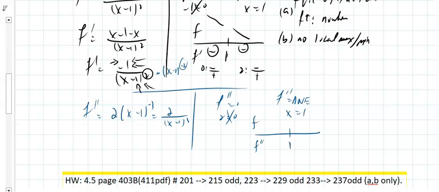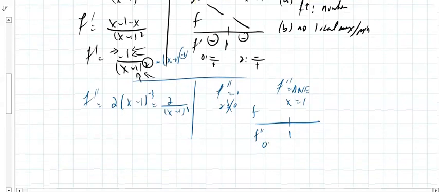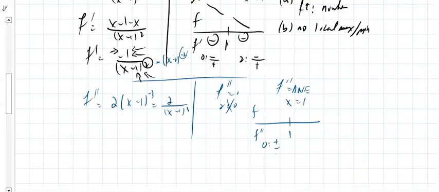If I pick a point to the left of 1, say I picked 0, top is positive, negative 1 cubed is negative, so positive divided by a negative is negative. And if I pick 2, top is positive, denominator 2 minus 1 is positive.